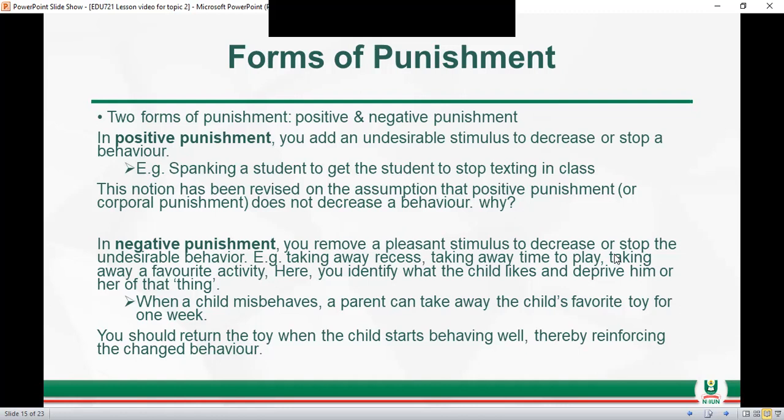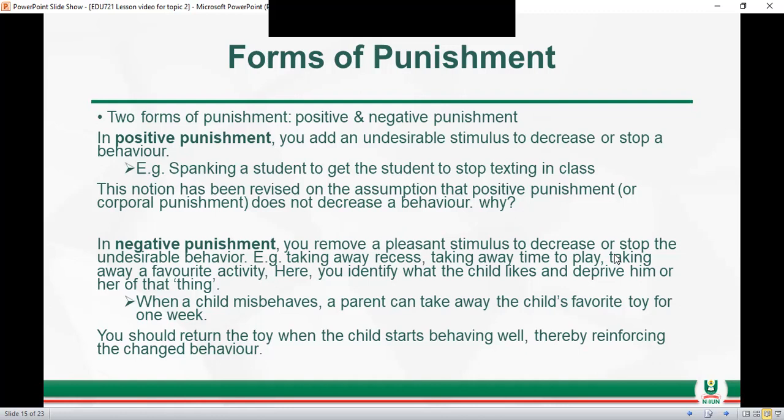However, students, you take note, this notion has been revised on the assumption that positive punishment, or in a more familiar word, we call it corporal punishment. Skinner referred to it as positive punishment because you are adding something undesirable to stop a bad behavior. But in a more familiar term, I want to call it corporal punishment because when you beat a student, you are adding. When you slap a student, you are adding.